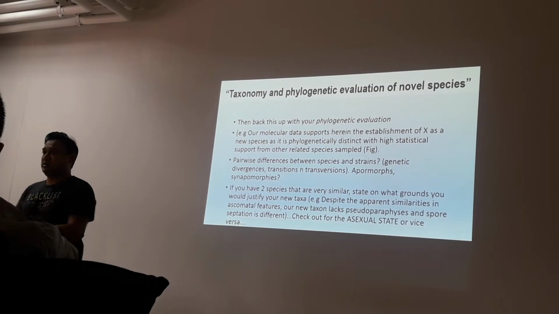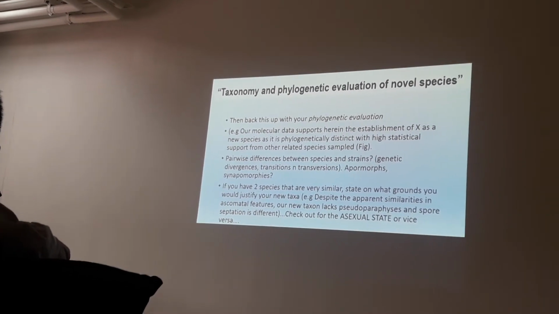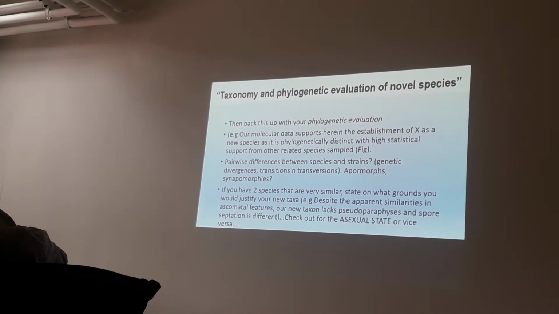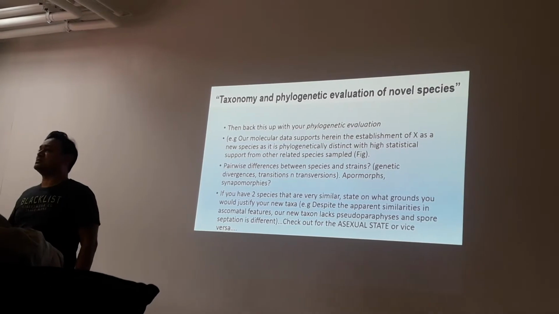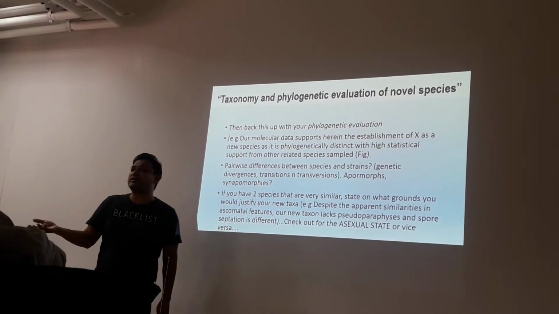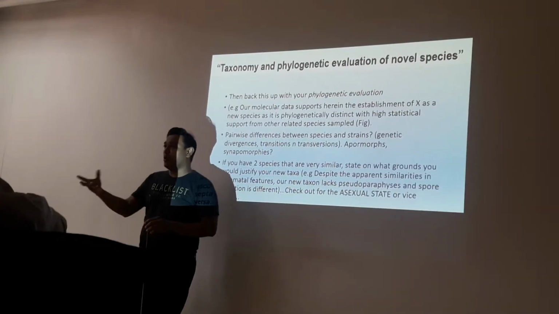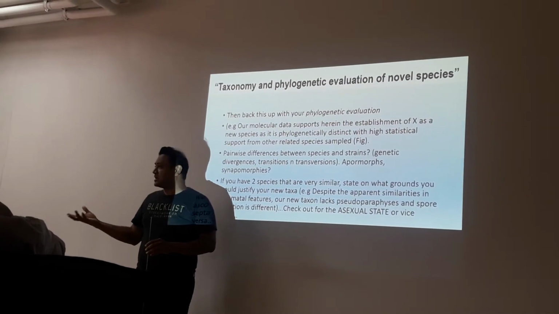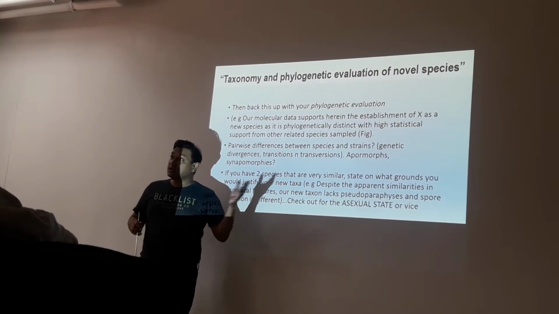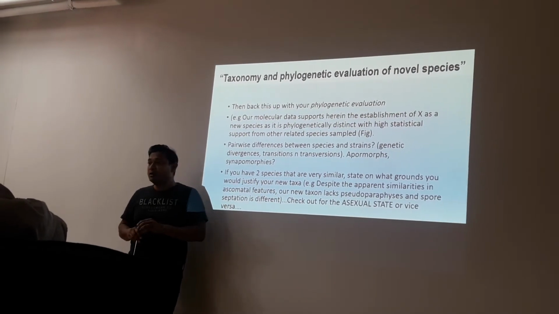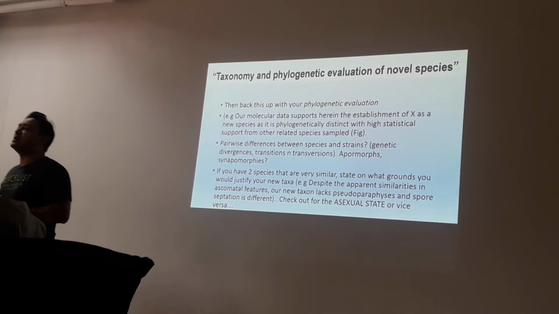It might also give a clue that that particular character could be very important in segregating species. We talked about that yesterday. For example, we talked about how spore ornamentation can be very helpful in identifying species. So you could explore such an opportunity in your tree as well.